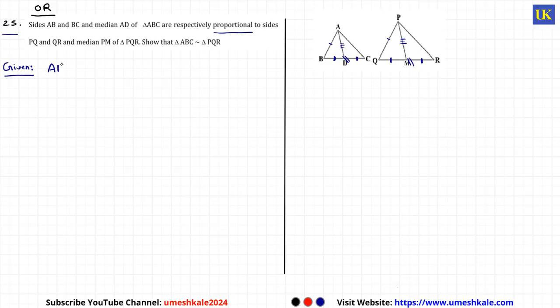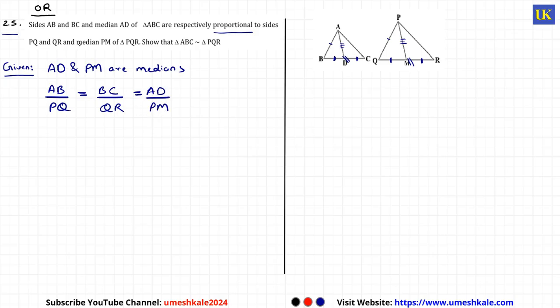Here we will say that AD and PM are medians. And as per the given information, we can come to the conclusion that AB upon PQ is equal to BC upon QR is equal to AD upon PM. Because in the question it is given that these sides are in proportion to these sides of the other triangle, so in ratio form we can write it like this. So this is according to the given.